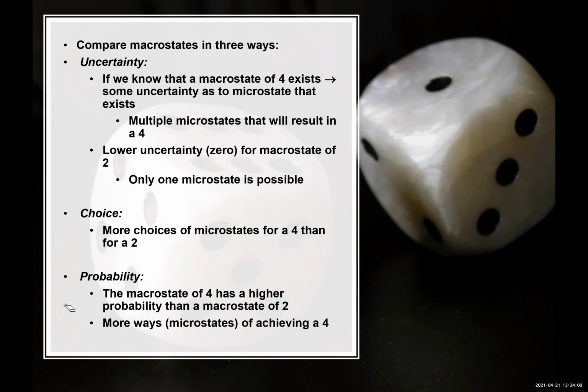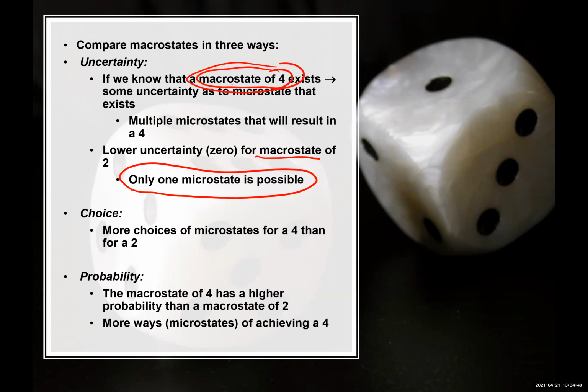That means only one microstate is possible, when the dice are one and one, and the macrostate is having two. In the same way, getting four is a macrostate, and there are multiple microstates that can give us that: 3 1, 1 3, and 2 2. Those are the microstates, but getting the four is the macrostate.